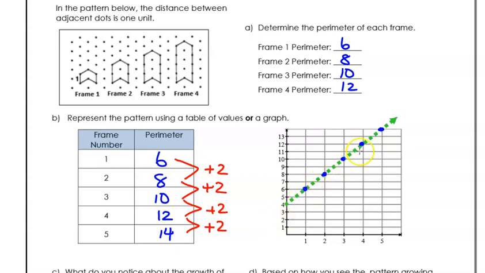But if I continued the line of best fit, it would just follow that straight pattern and I could see that a frame 5 should have a perimeter of 14. So I can show that to you that we can make a prediction about the fifth frame graphically using the line of best fit or through the table of values by just continuing the addition pattern.